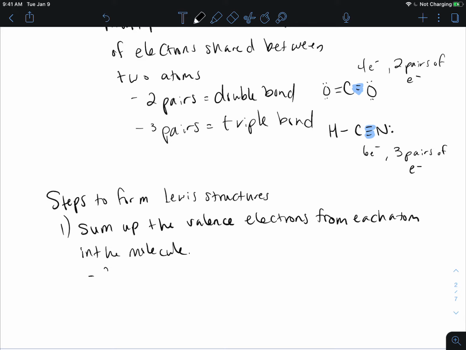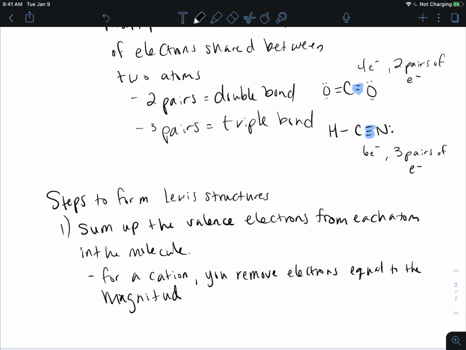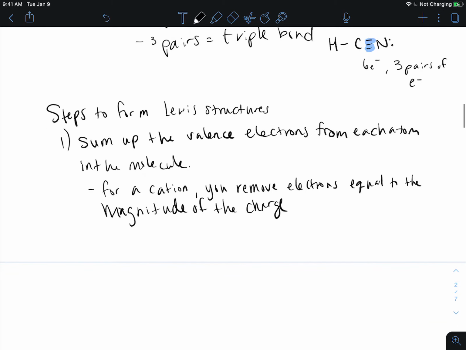So for a cation, you remove electrons equal to the magnitude of the charge. So if you have a 2 plus molecular ion, then you would take away 2 electrons.